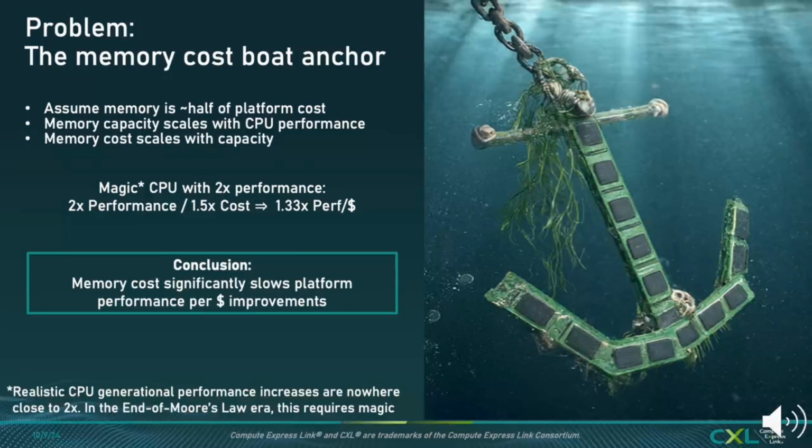So we started with an optimistic new magic CPU technology, and the economics of the memory have brought it down to something that's significantly less compelling. So your takeaway from this should be that memory cost is a real problem for improving the performance per dollar of future platforms.